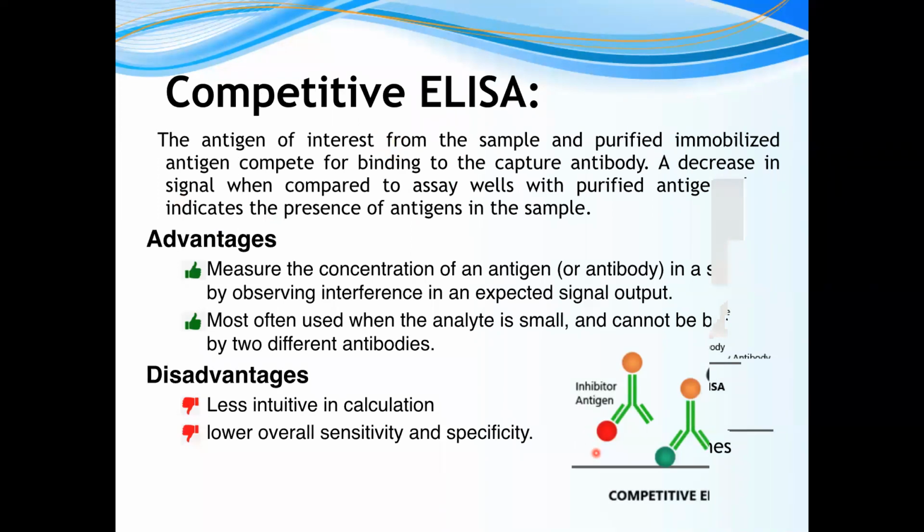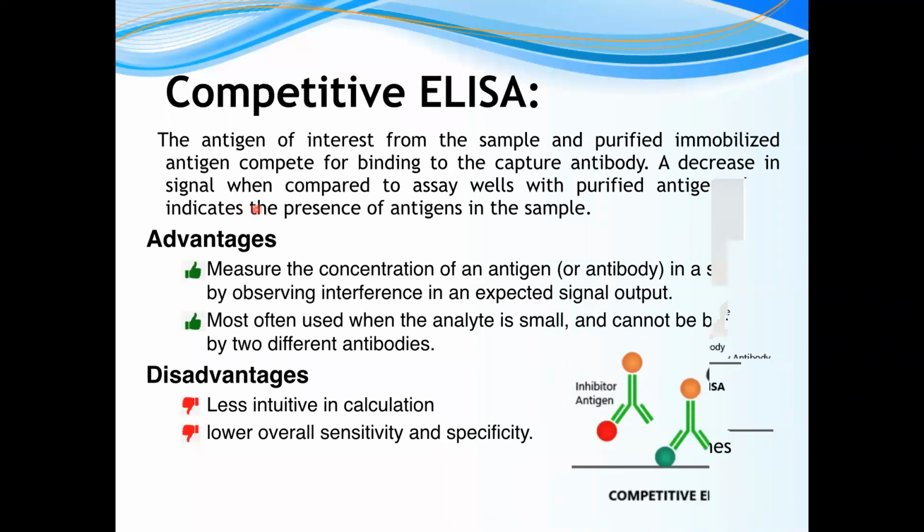So a reference antigen that is similar to the antigen of our interest is bound to the microwell plate, which competes with the antigen of our interest, or the protein of our interest, to bind to the capture antibody.